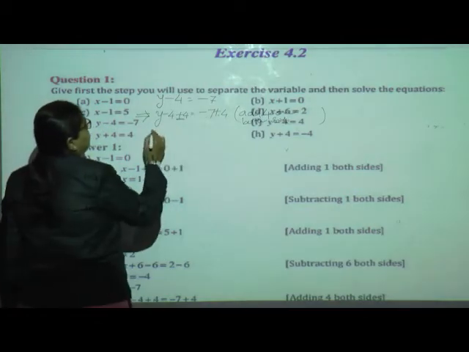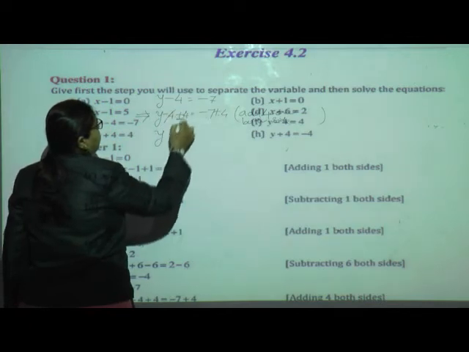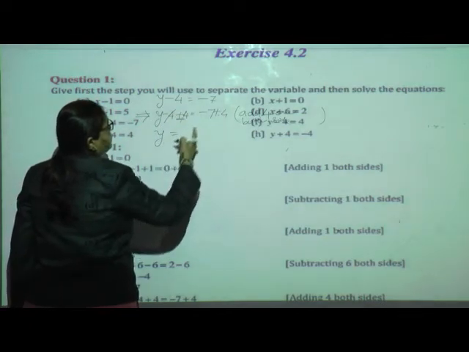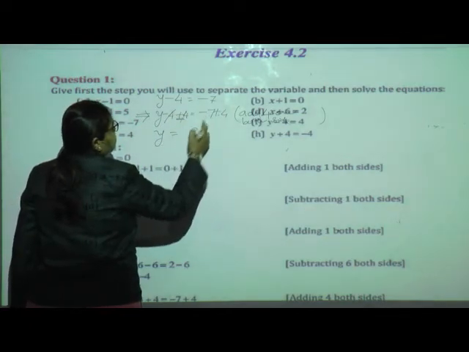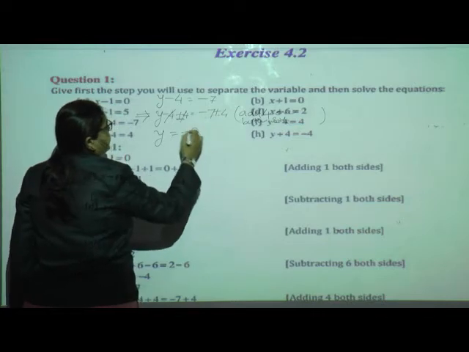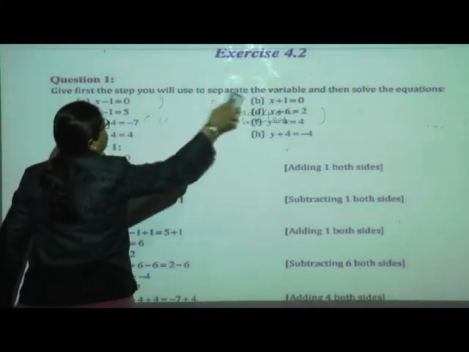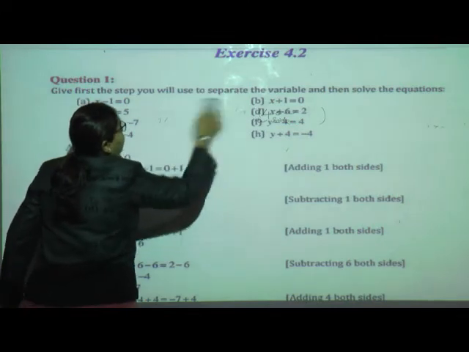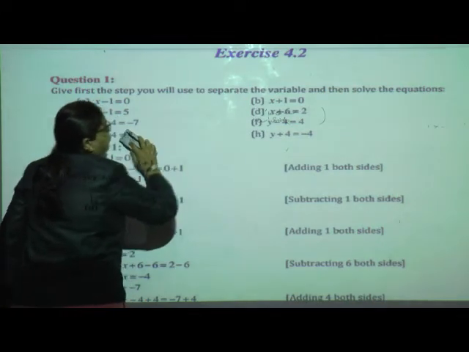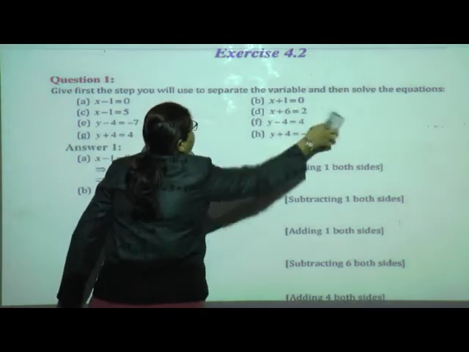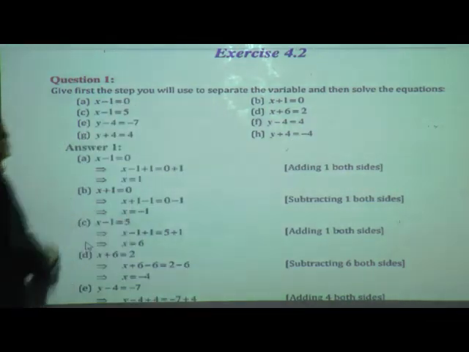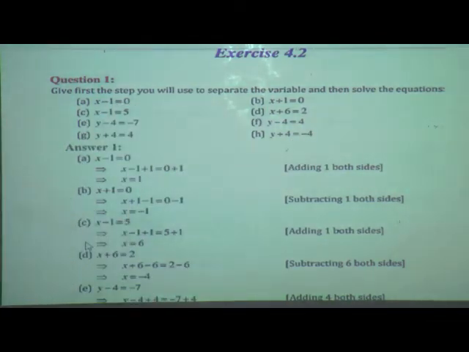So what we have done? This y gets cancelled. Y is equal to, what will be this? 7 minus 4 is 3, the greater number is minus, so y is equal to minus 3. Subtracting, adding, whatever it is, we have separated the variable, so we can find the value, substitute, and check the answer.